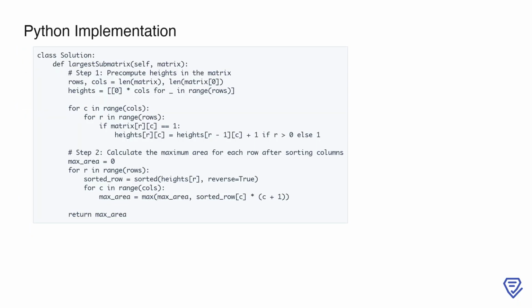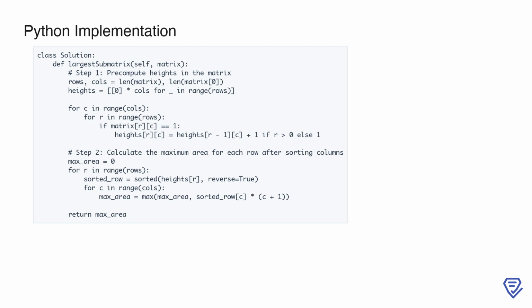This solution computes the maximum area of a submatrix with rearranged columns in a binary matrix. First, we pre-compute the heights matrix, where each entry represents the number of consecutive ones up to that cell in the current column. This pre-processing step involves iterating through each cell and updating the height based on the value immediately above it.